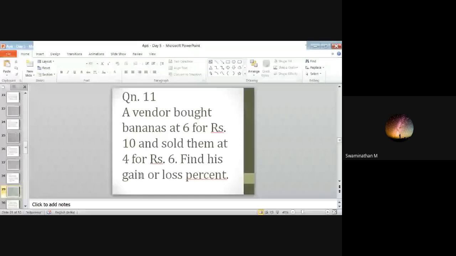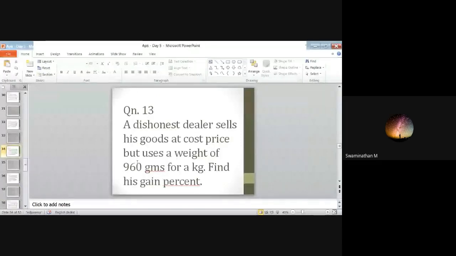960 grams for a kg. So actually it has to be 1 kilogram, that is 1000 grams.